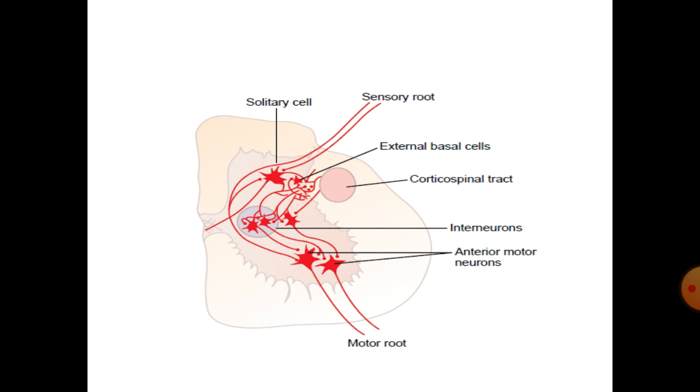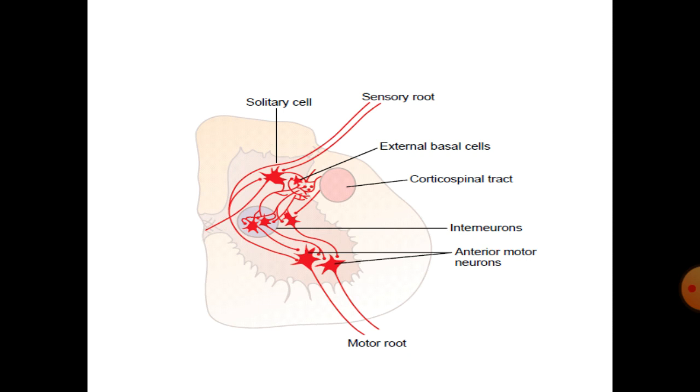So the motor neurons in the spinal cord are the ultimate structures which receive signals, the sensory signals, from the higher centers, from the subcenters, from the cerebellum, and all these signals converge to these anterior horn cells.